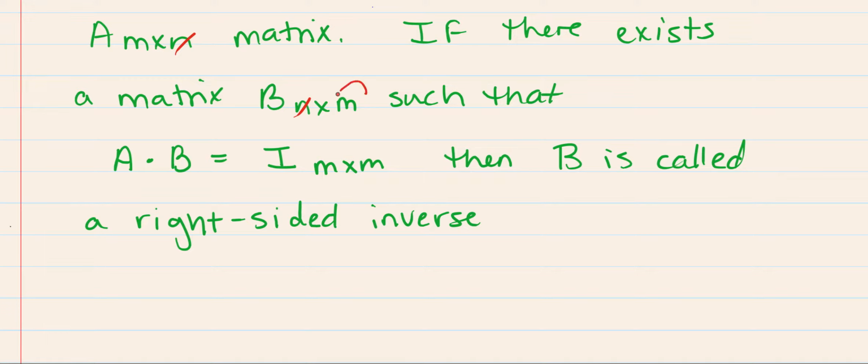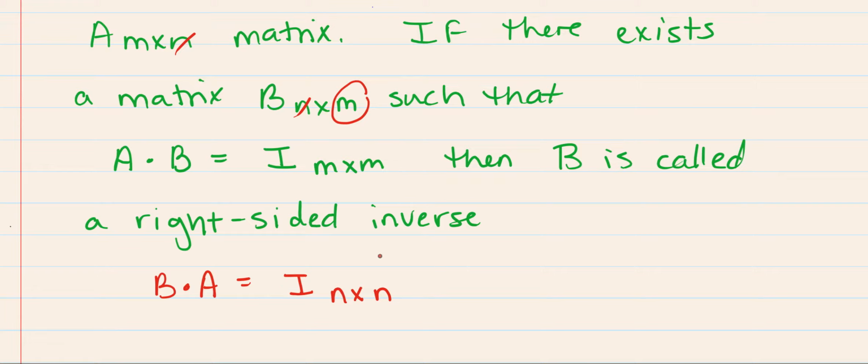That forces this one to be m, the same as the number of rows in A. Now you can have a right-sided inverse. But notice if you multiply B with A here, you'll get an n by n matrix. And let's say it happened to be the identity matrix.